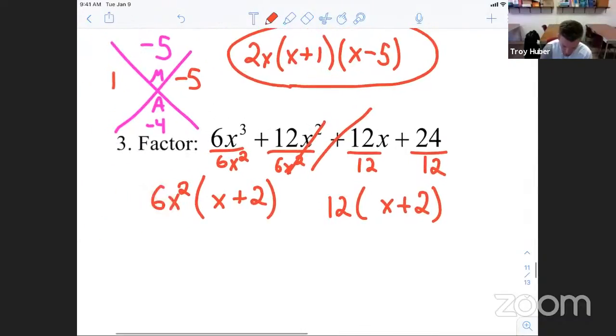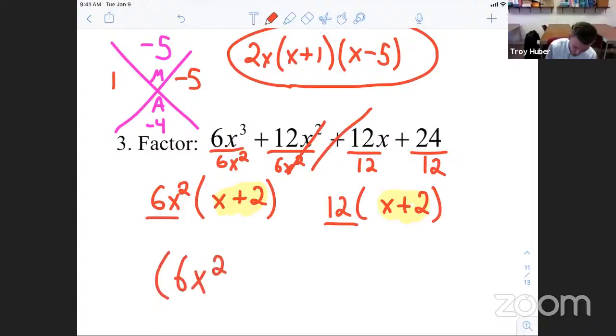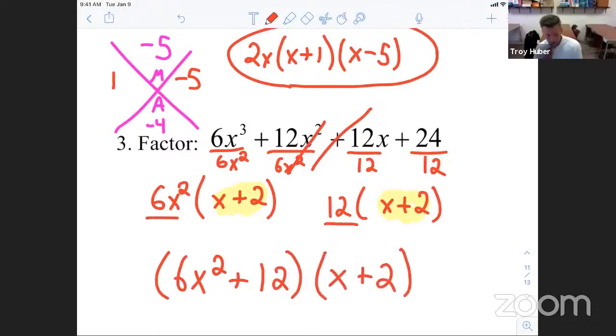Now, if we did this correctly, these two in parentheses should match, which they do. And we want to combine these two outside ones. So this would be 6x squared plus 12. And then we just copy down that x plus 2. And that would be how we would factor by grouping on this one here.